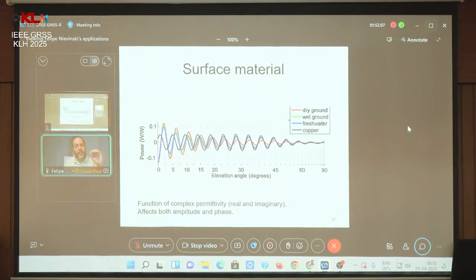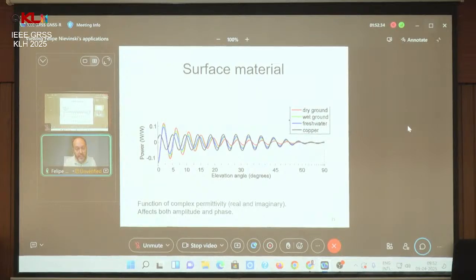However, the reflective height, or the apparent vertical distance between the antenna and the reflector, may change. It will appear as if the reflection is coming from deeper in a dry soil and shallower in a wet soil.